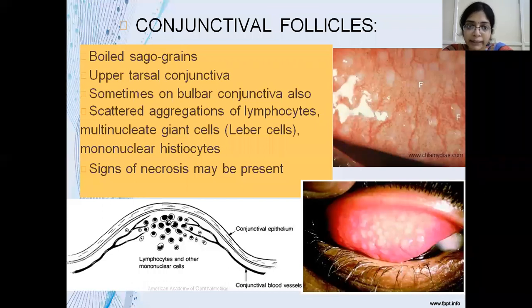One is the lymphocytes. Other, please remember, is the multinucleate giant cells, that is the Leber cells. Leber cells are multinucleate, and there is also mononuclear histiocytes. I repeat again, there are lymphocytes, there are Leber cells which are multinuclear giant cells, as well as mononuclear histiocytes. All these will form the core.